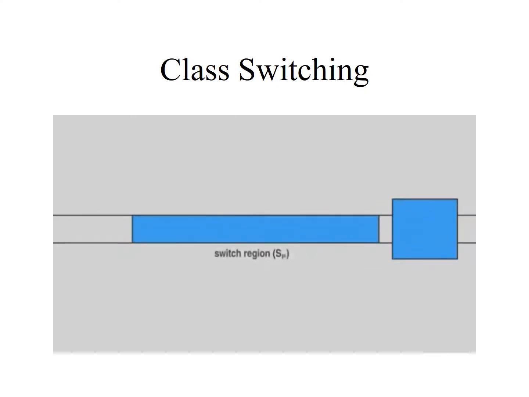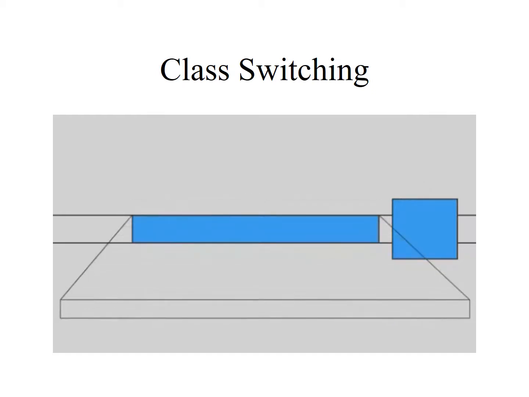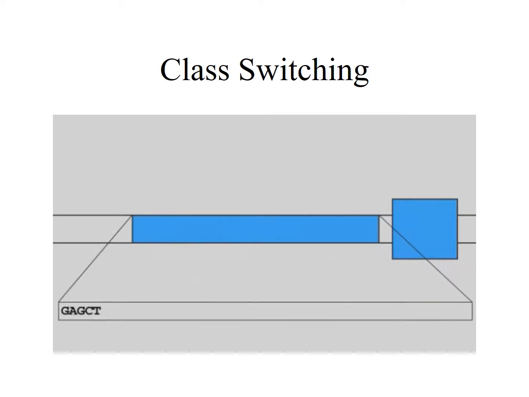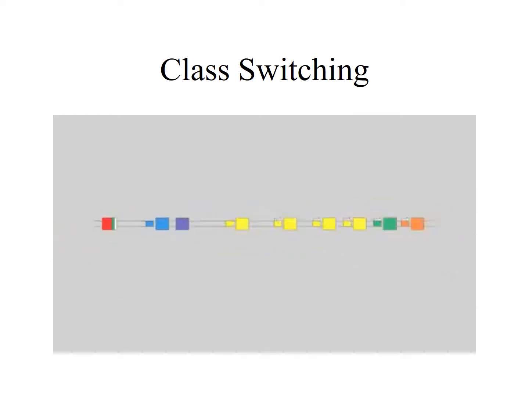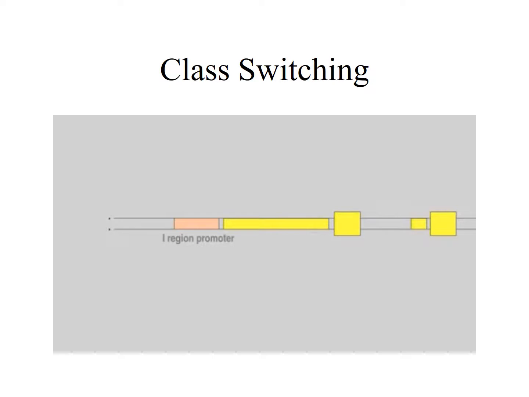For example, the switch region located upstream of the C-mu constant region is approximately 3 kilobases in length and is composed of approximately 150 copies of this short 21 nucleotide element, which itself contains 3 copies of the pentameric sequence GAGCT. Located upstream of each switch region is a DNA sequence that functions as a promoter, called an I region promoter.